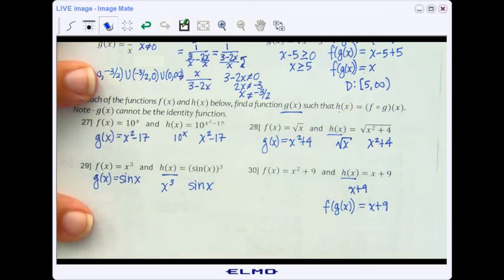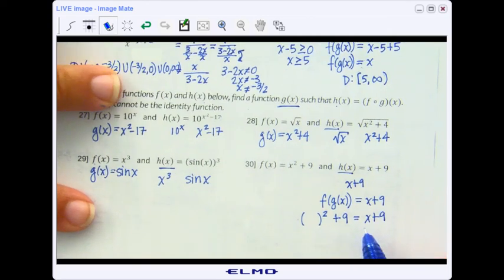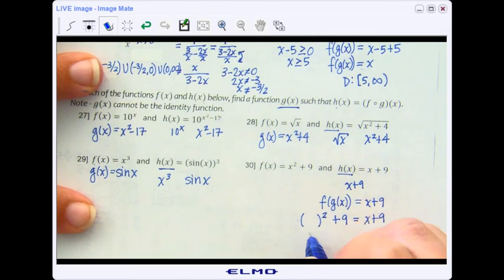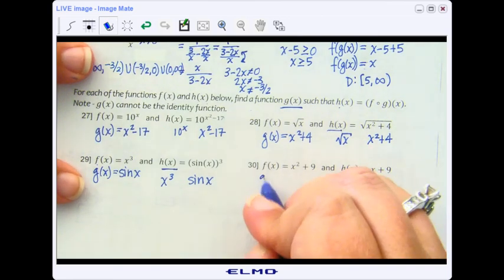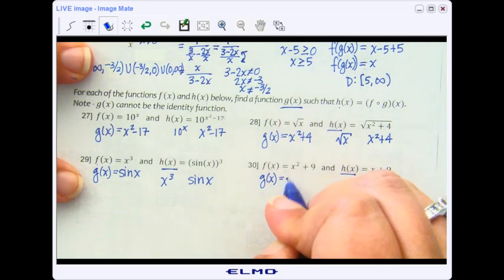And I know that f of x is x squared plus 9. So I put something into that square that made it become x. Well, the only thing possible is that into this square, I had to have put a square root because it had to cancel itself out. So that means g of x had to be the square root of x.